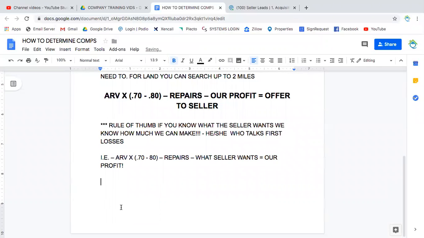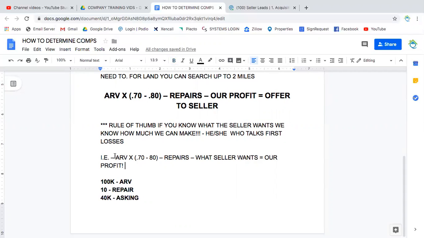Let's just say we have configured with the criteria above an ARV of 100,000 for round numbers. And the repairs were 10K, and we know the seller wants let's say $40,000. They're asking $40,000.